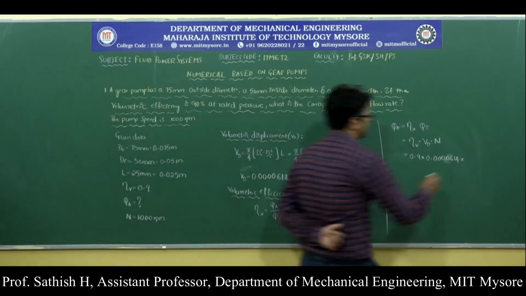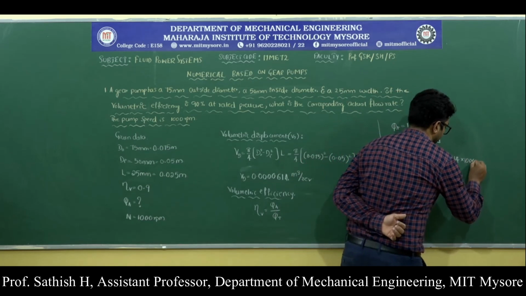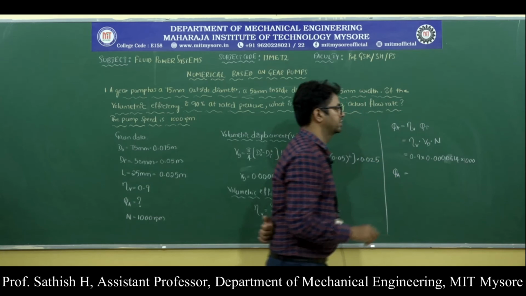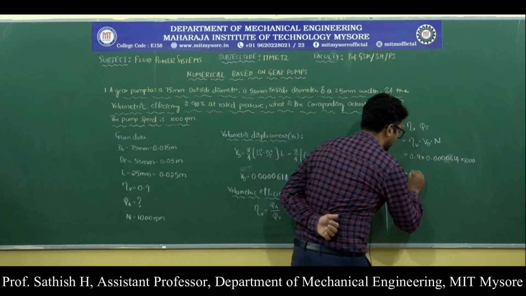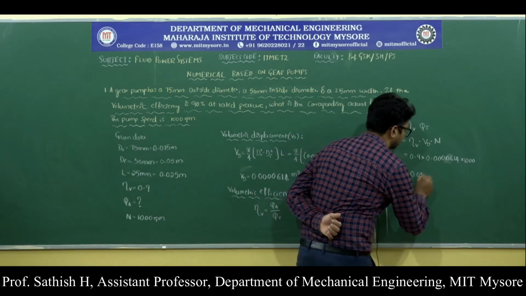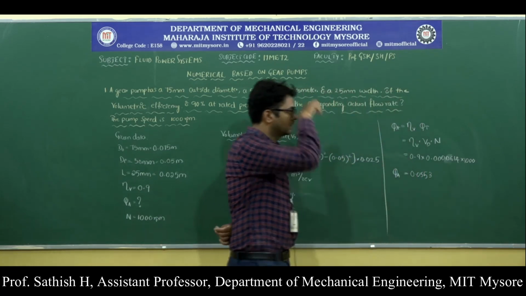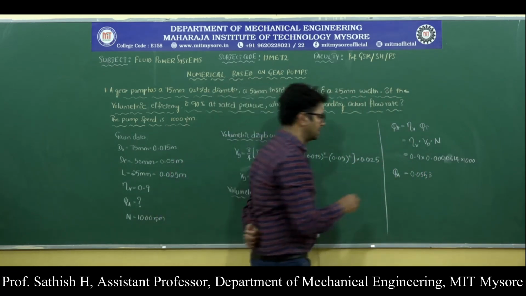If you simplify this, you will get the actual discharge as 0.0553. The units for this are meter cube per minute.